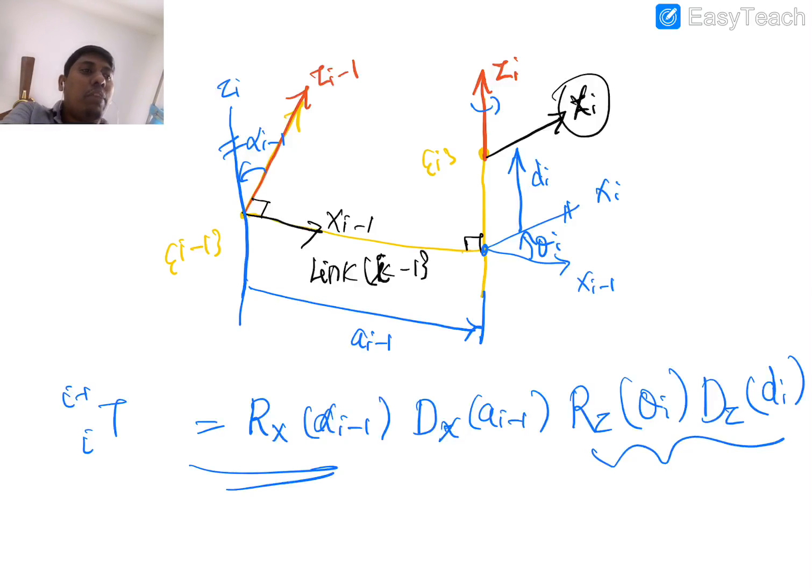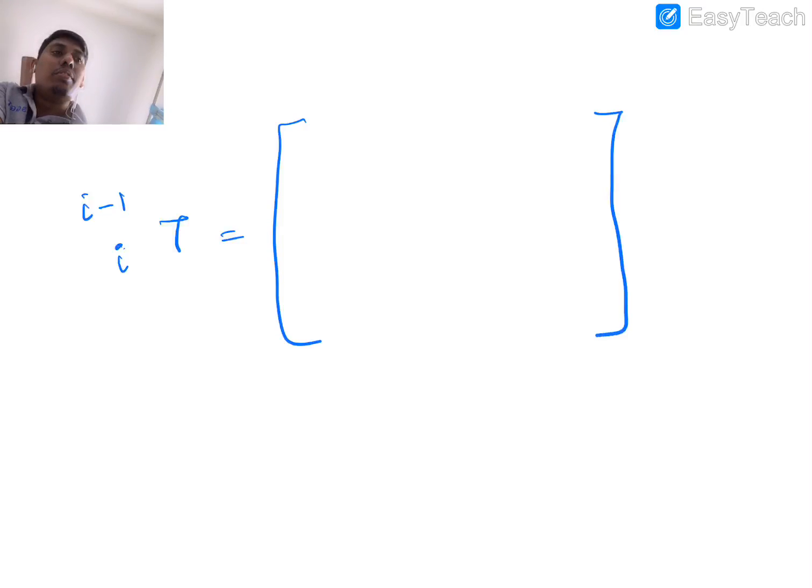Already we know this multiplication, so we'll bring that. In the sense, we are interested to find this, and we are taking the two, so this is going to be a multiplication.